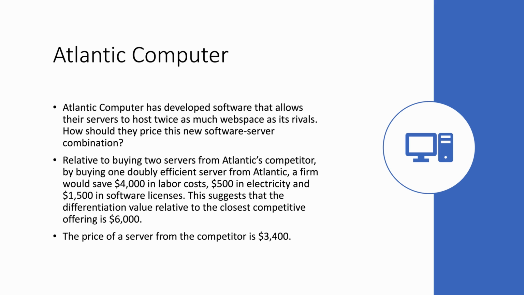This suggests that the differentiation value relative to the closest competitive offering is $6,000. The price of a server from the competitor is $3,400. So the question is, what is the EVC of an Atlantic Computer server? Pause the video to see if you can figure this out.